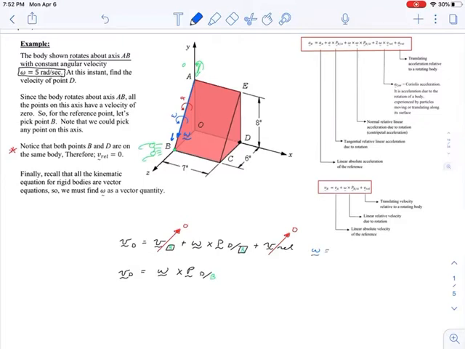We can recall that a vector u is nothing other than the magnitude of that vector multiplied by the unit vector in the direction of u.